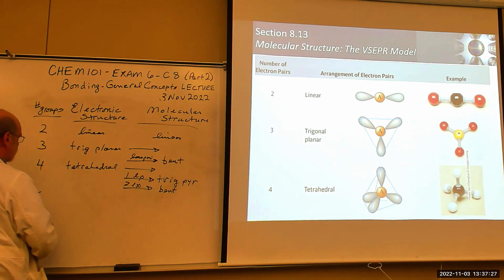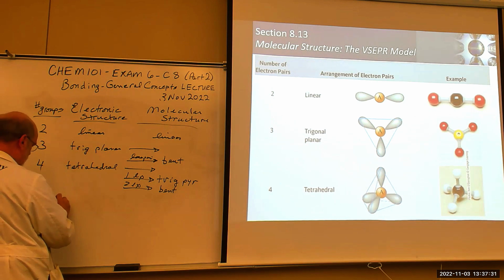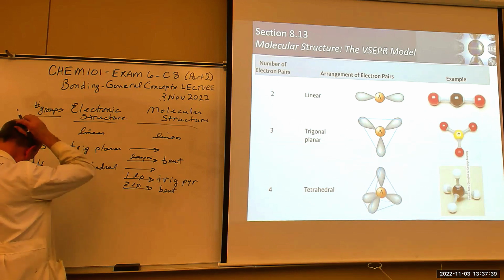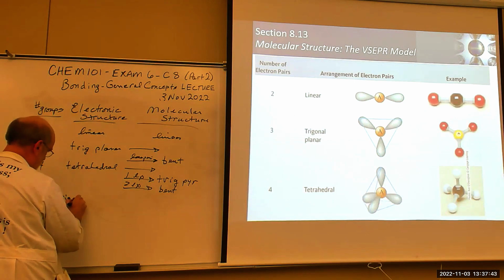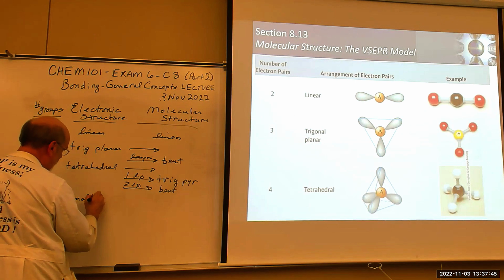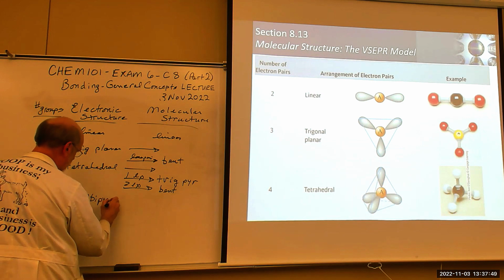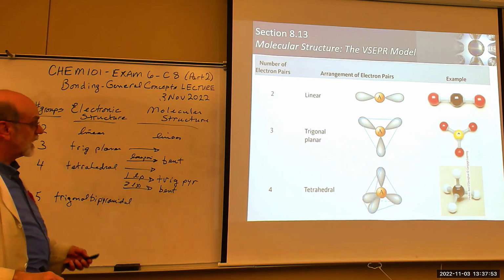If you have 5 groups, you have a trigonal bipyramid. I think that's on the next slide.